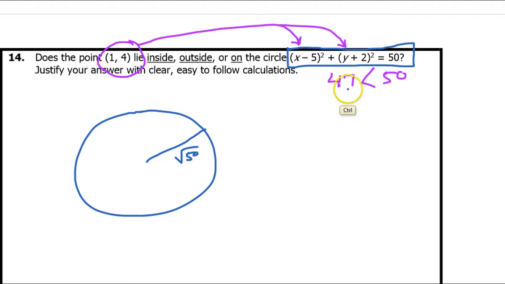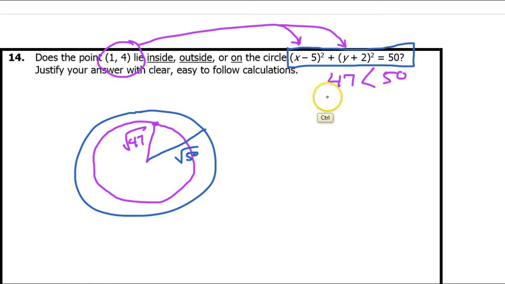Now, if I get something less than 50, that means my point lies on a smaller circle that is inside the original circle. It's inside because it has a smaller radius. In this case, it would be the square root of 47. A smaller number means a smaller radius, and a smaller radius means that you're inside the original circle. So if this number comes out to be less than 50, I will know that the point I have is inside the circle.